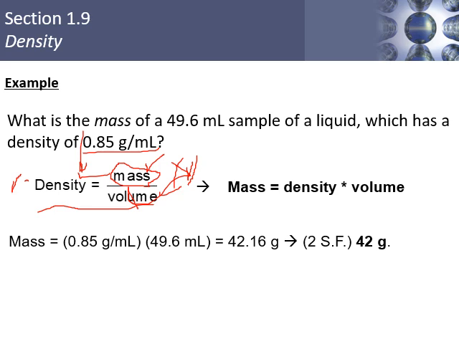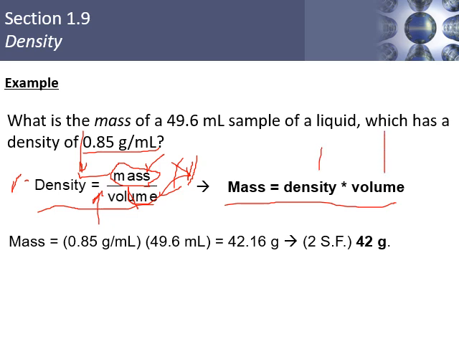And if you didn't remember this from algebra, when you have an equation, when you have this equal sign, then anything can be done to one side as long as you do it to both sides. You can't just do it to one side. So we can multiply both sides of this by the volume, and then we have it the way we want it, or we prefer it, because now we know the density and we know the volume.